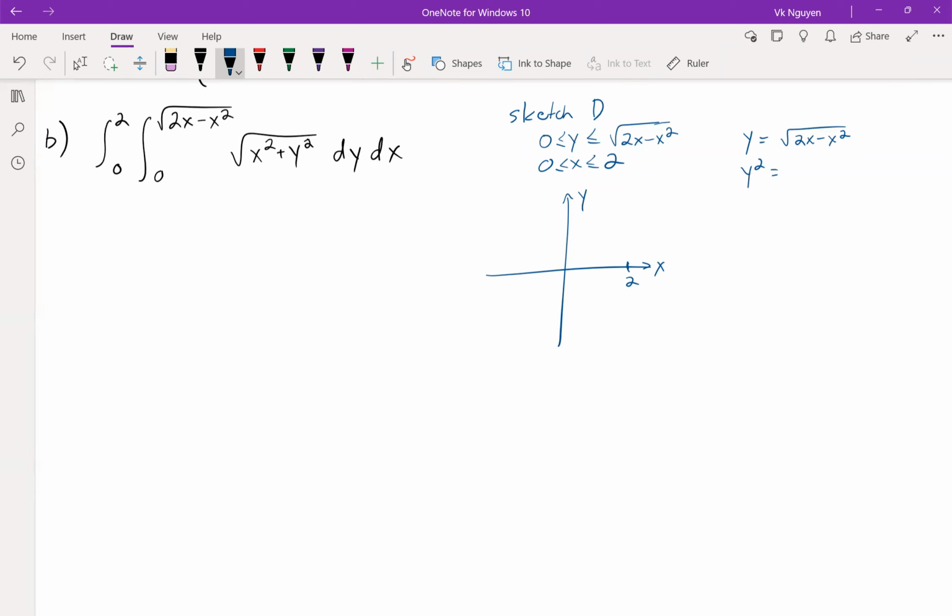So y squared is 2x minus x squared. What do we have here? x squared minus 2x plus y squared.